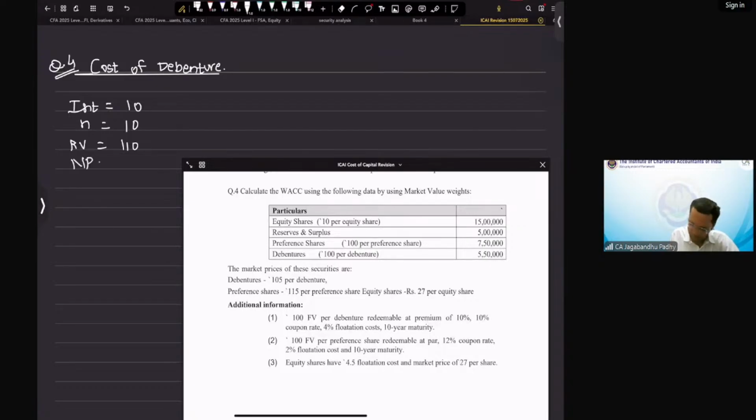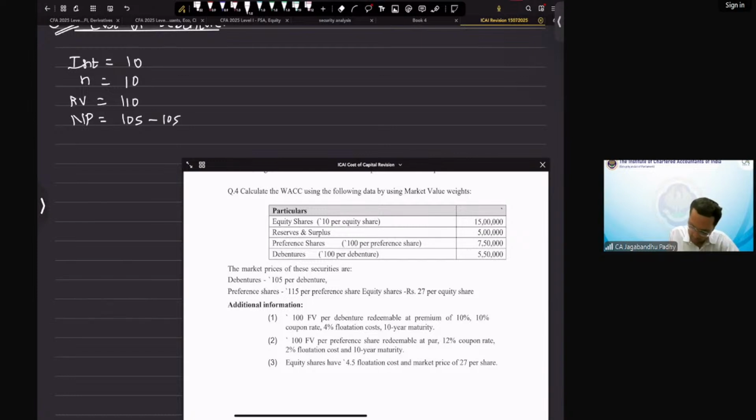And net proceeds is going to be 105 minus 105 into 4%. 105 into 4% is 4.2, so 105 minus 4.2 is 100.8. So we have interest, N, redemption value, and net proceeds.